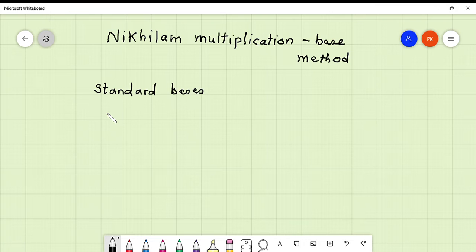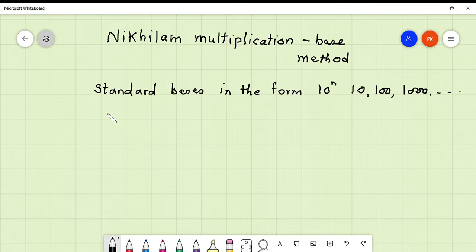Standard bases are in the form 10 to the power n, that means 10, 100, 1000 and so on. These are called the standard bases.